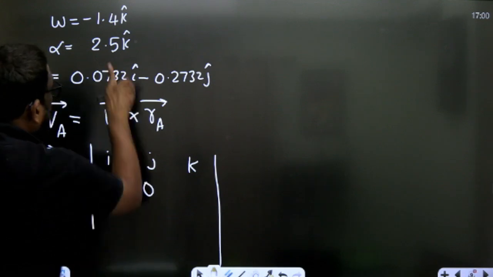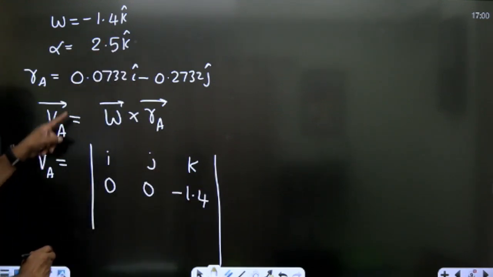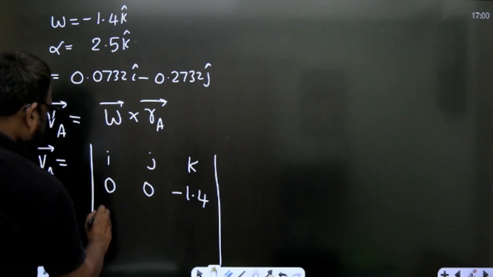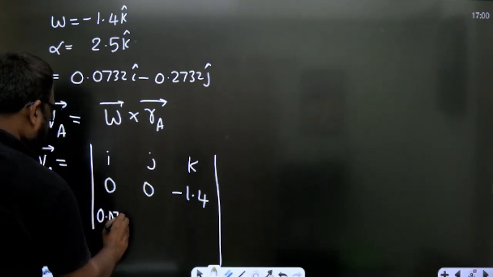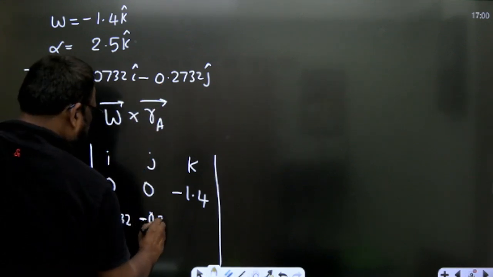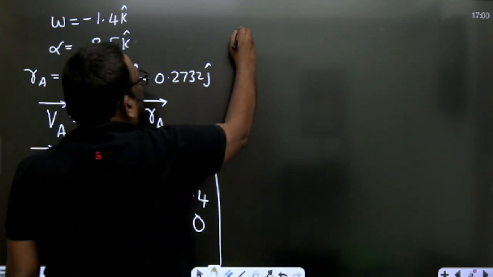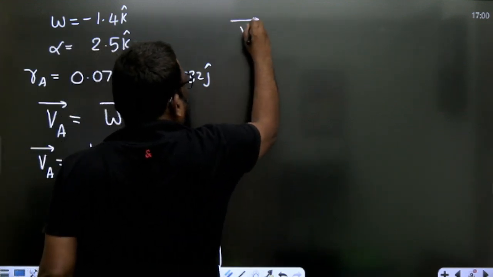K cap, minus 1.4. Then RA, 0.0732, minus 0.2732. There is no k here, 0. So I will calculate the velocity of A.